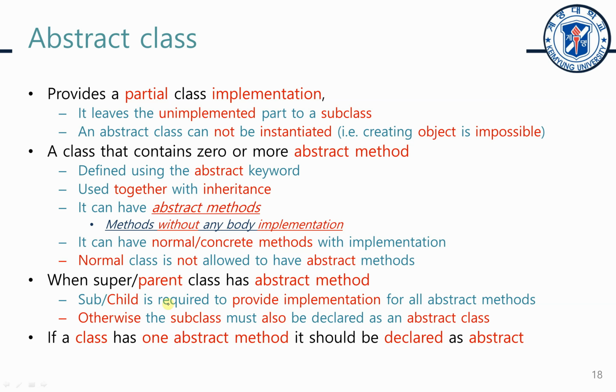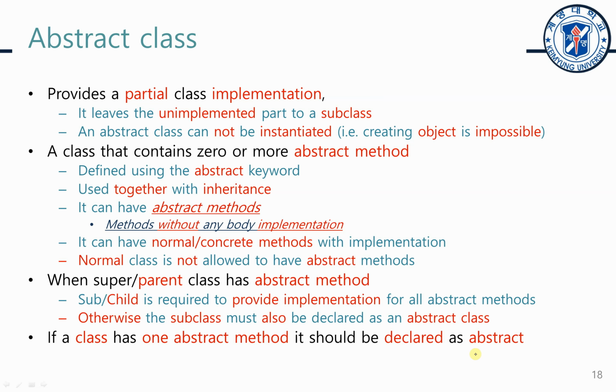So when the parent class has an abstract method, the child class is required to provide the implementation. They can declare the method name, but the implementation is done in the child class. Otherwise, the subclass also becomes an abstract class. And if a class has one abstract method, it should be declared as an abstract class.